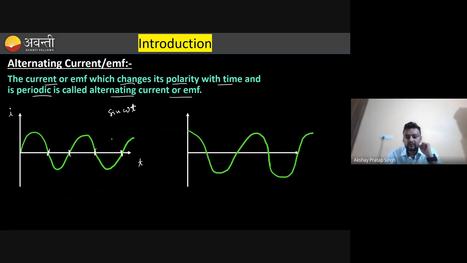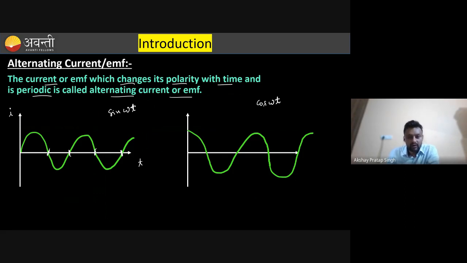Similarly, a function of cosine is also there. These two are the most widely used alternating current formats, generally in the sine or cosine form. However, there are various forms: sawtooth form, triangular form, square form. Various forms are there, but these are the two widely used. This is a graph of sine. This is a graph of cosine. I hope this is clear to everyone.